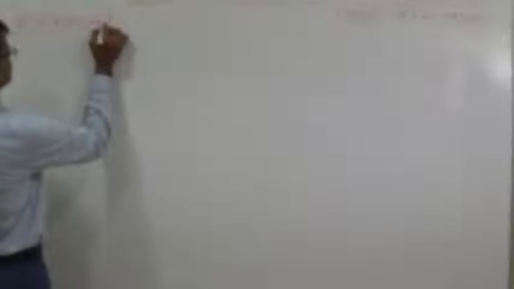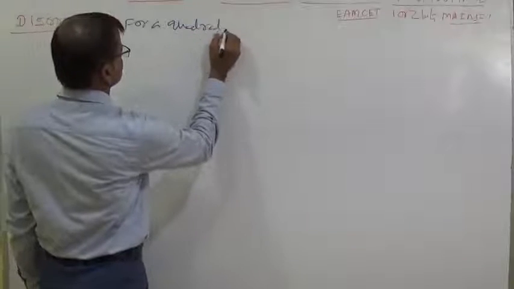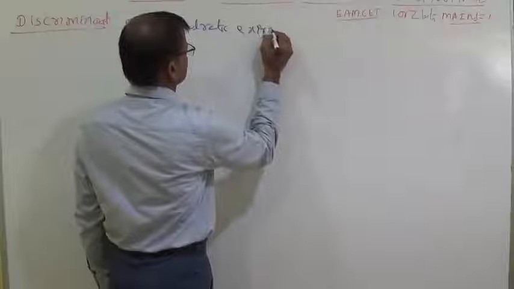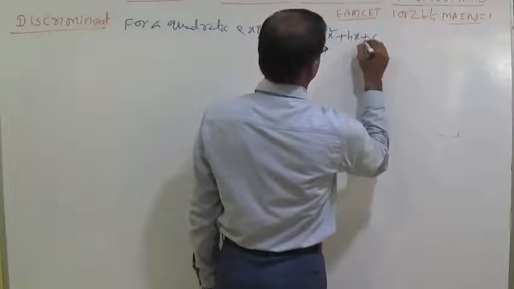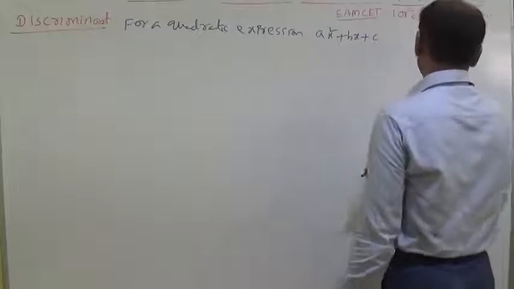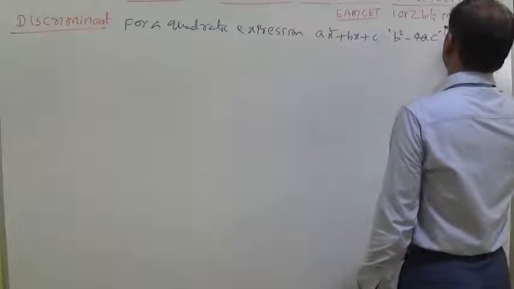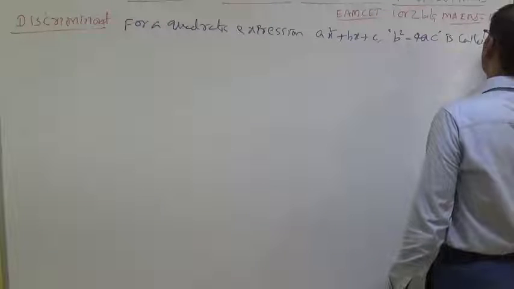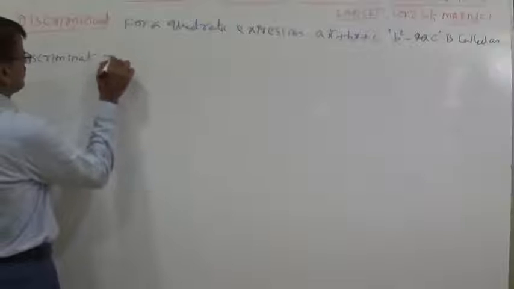Discriminant. For a quadratic expression ax square plus bx plus c is equal to 0, or whenever expression, simply you can write ax square plus bx plus c, b square minus 4ac is called as a discriminant.